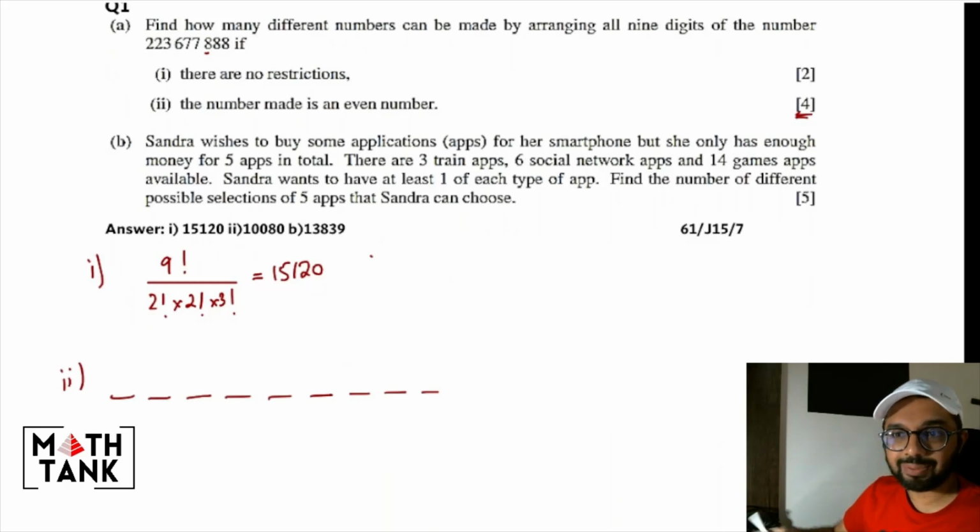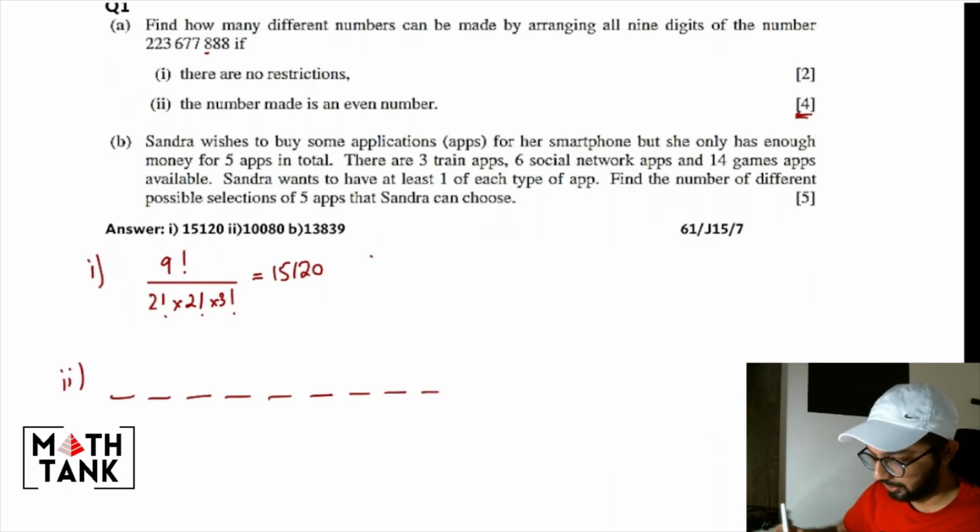Now I need to know specifically what it is so that I can count the repetitions in the rest of the digits as well. Let's say if there's a 2 here, that means that the 2 isn't repeated on the other dashes. If there's a 6 here, that means the 2 is repeated on the other dashes, and I need to divide that in order to not double count.